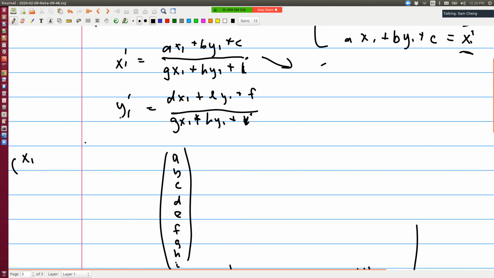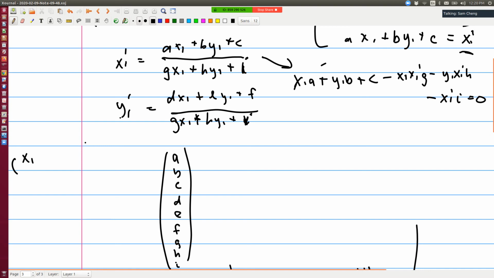Maybe I just write one more step. So I have this equal to x1 a plus y1 b plus c, and minus x1 pi g, minus y1 x1 pi h, minus x1 pi I, right?